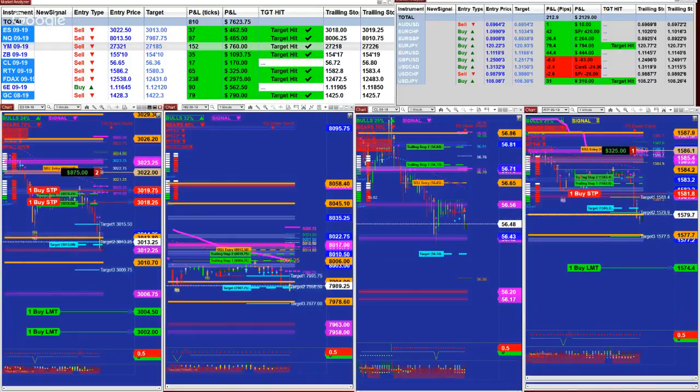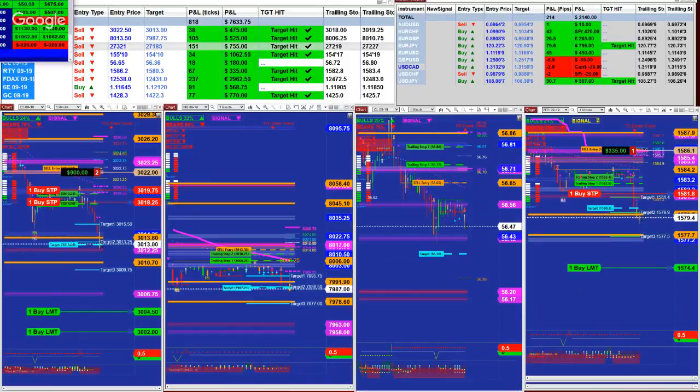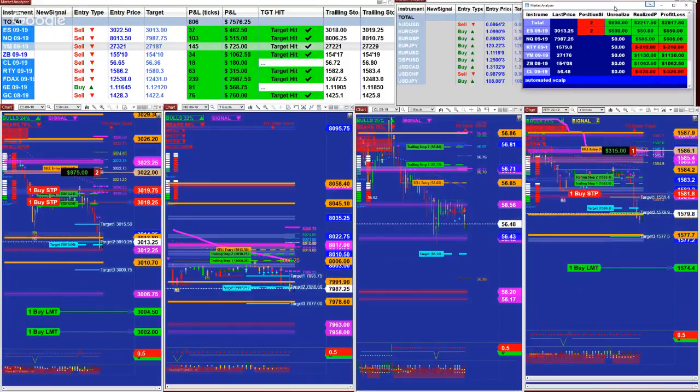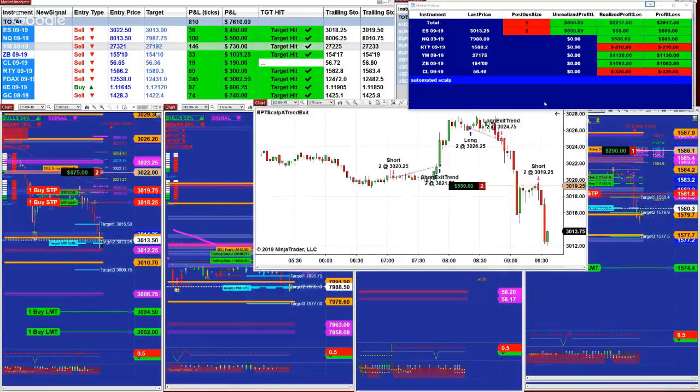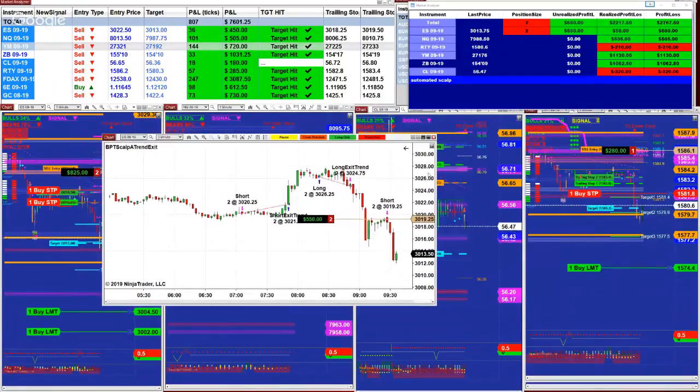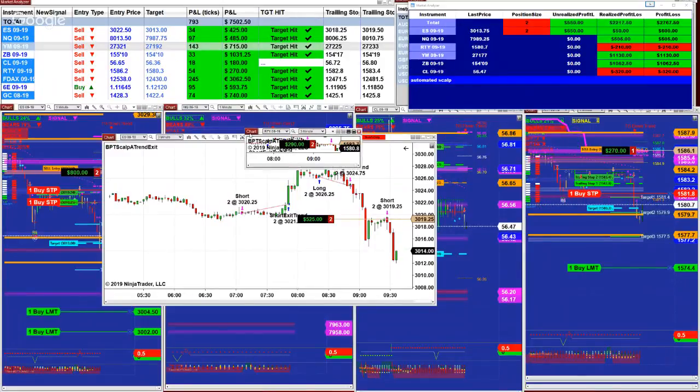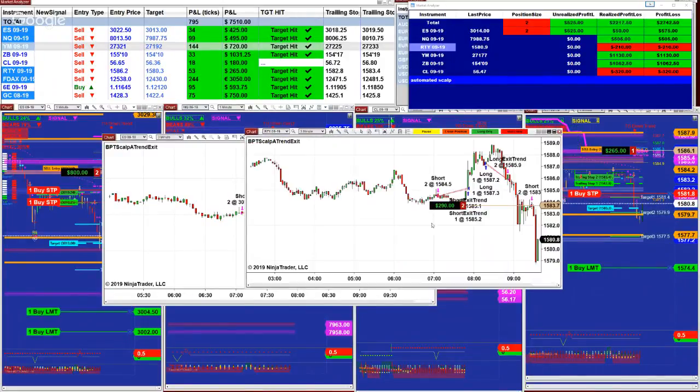On the scalping also, we are doing fine. The CL today on the scalping did take a little hit, and the Russell took a little hit earlier today, but still doing fine. On the swing trading, we are okay. This is a very nice trade. And we have the Russell as well, which took a trade on the swing trading.